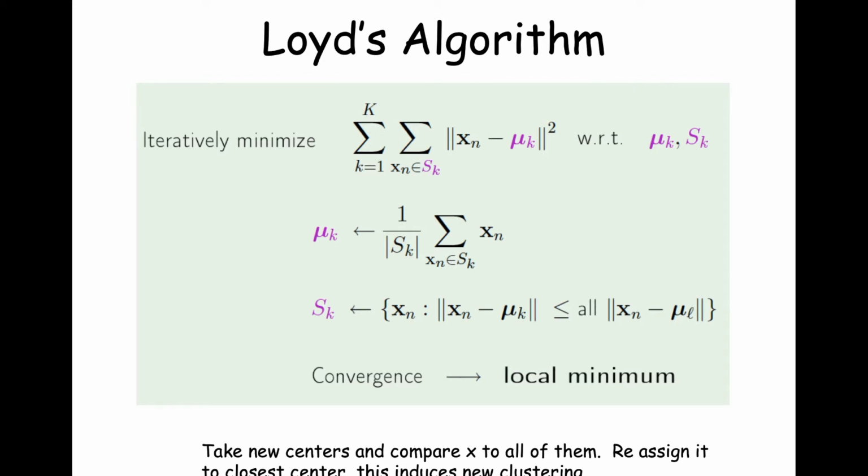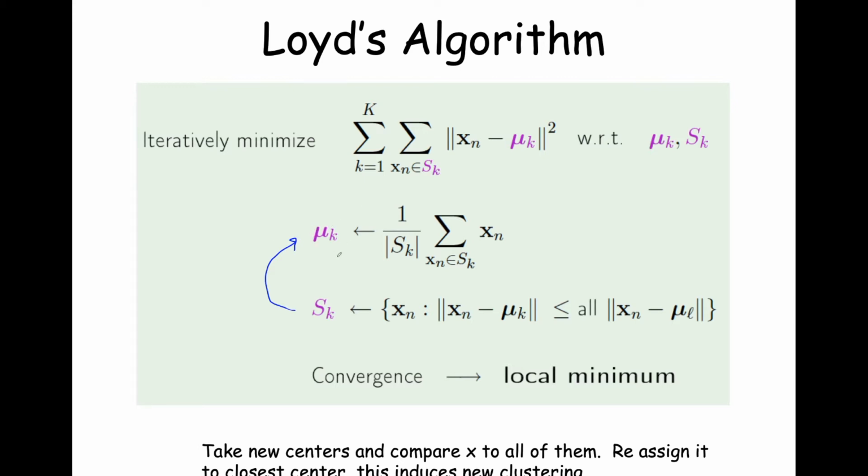You then calculate your cluster centers, and then you fix the cluster centers, and subsequently, after fixing them, you reassign the cluster membership. So then after you reassign the cluster membership, you go back to the first step, keeping your new cluster assignments fixed, and then you update mu sub k.